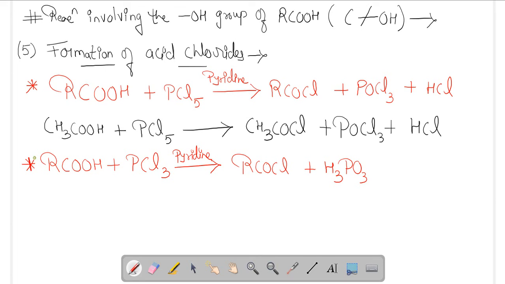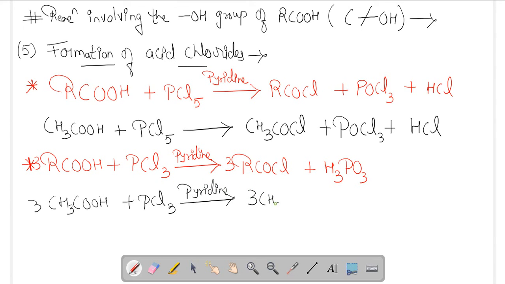Here 3 molecules of carboxylic acid will be required in order to form 3 molecules of acid chlorides. Here you can take the example of 3 molecules of CH3COOH plus PCl3 in the presence of pyridine; 3 molecules of acetyl chloride with phosphorus acid will be formed.